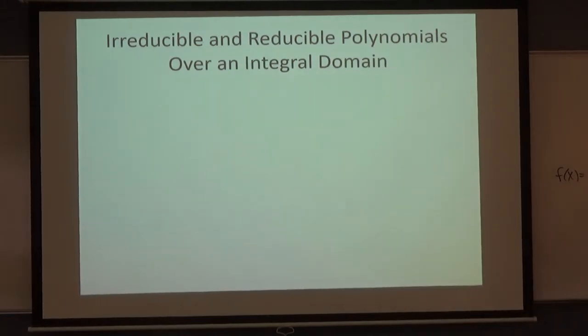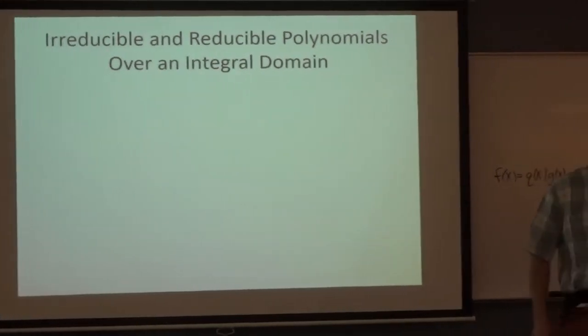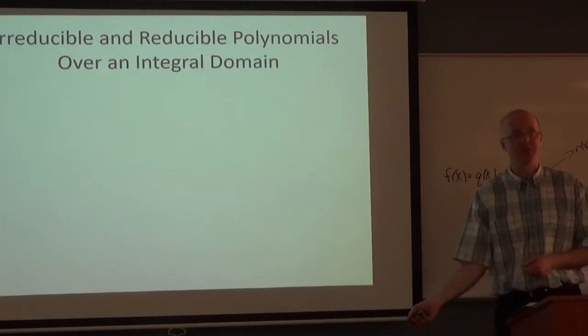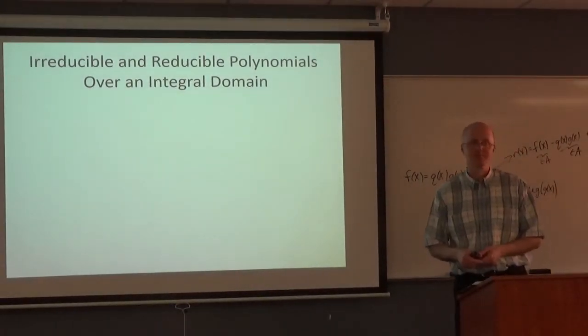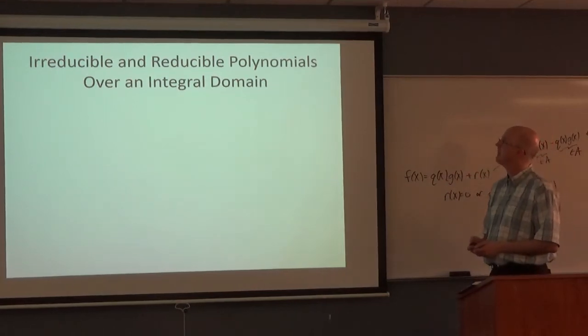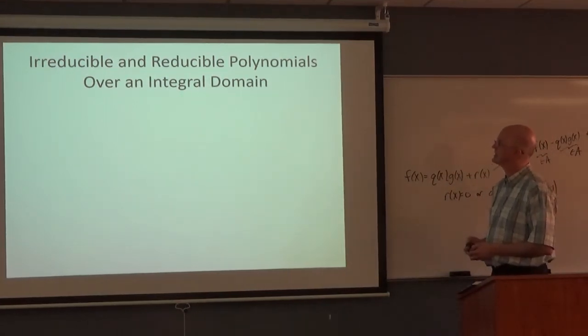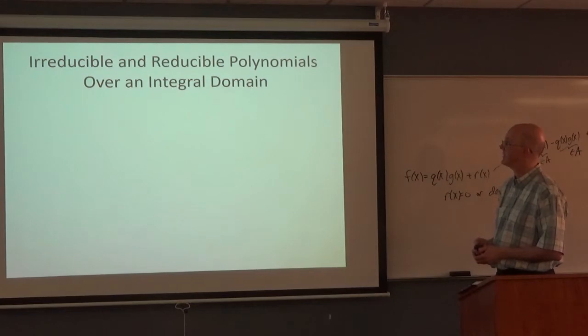We've talked about irreducibility over a field. Irreducibility and reducibility, really, because they are opposite concepts. If it's not irreducible over the given field, then it is reducible, and vice versa. But you can actually define these ideas over integral domains, but the definition is a bit trickier.